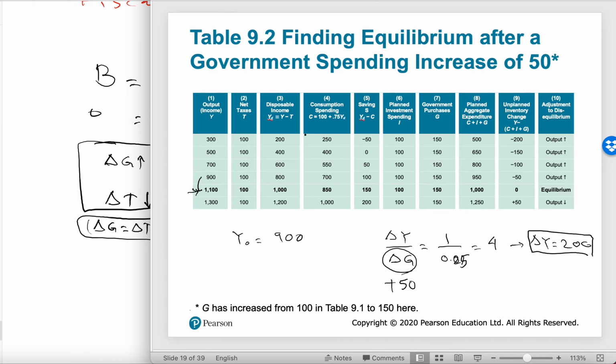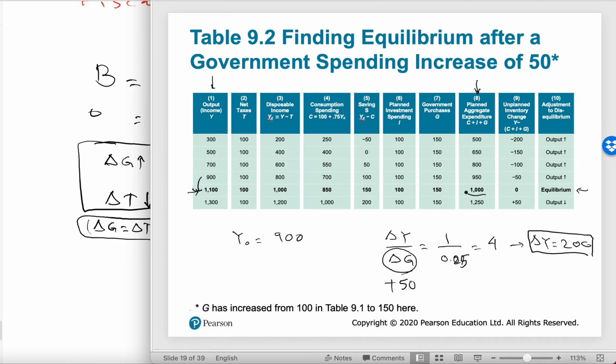So we have done it with the table. The equilibrium is here now, before it was here. Basically we are looking to equate this column with this column.